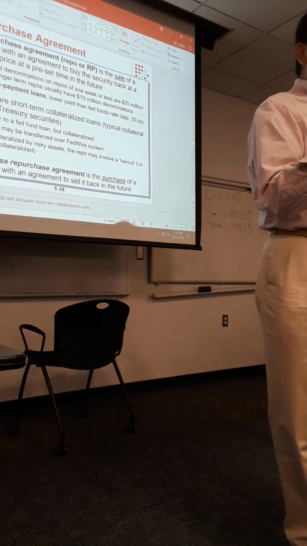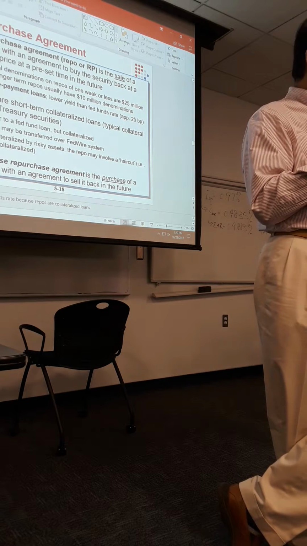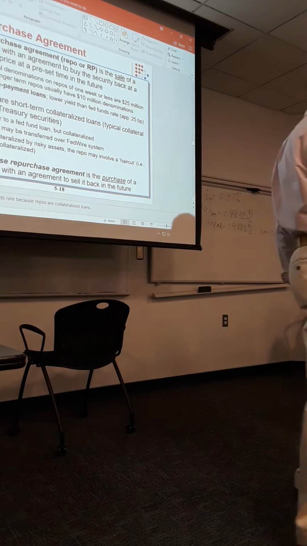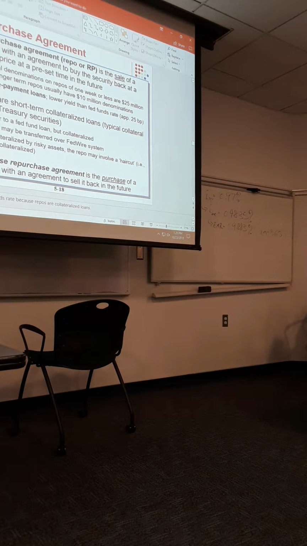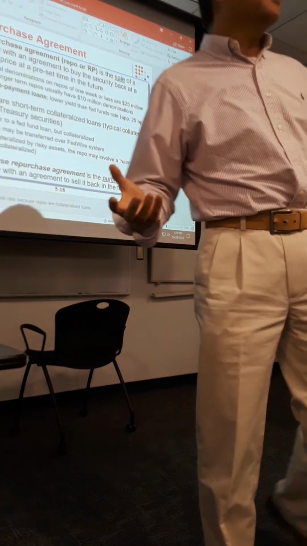Is it a risk-free transaction? Definitely not. It's my credit risk, right? So intuitively, we will think that the yield on the repo would be higher than the risk-free alternative. As I said, I'm not even a member bank, the bigger guys in the Fed system.